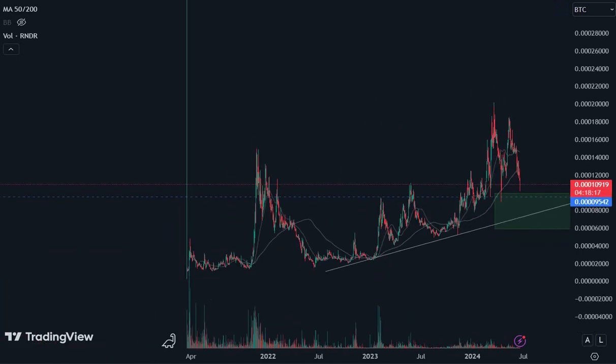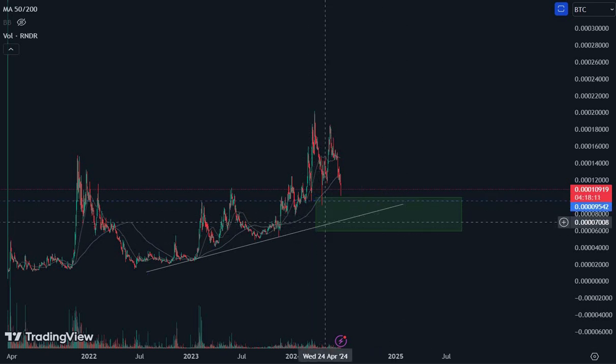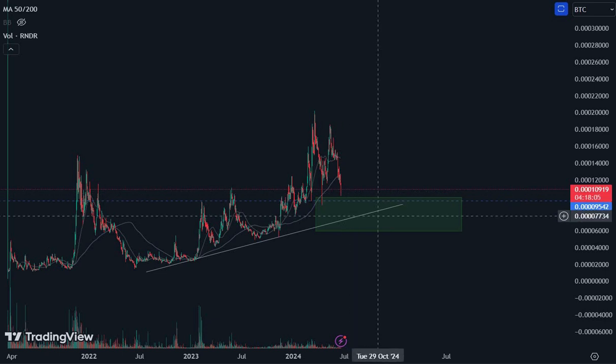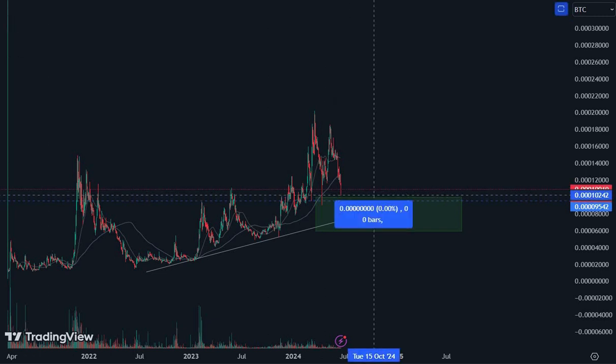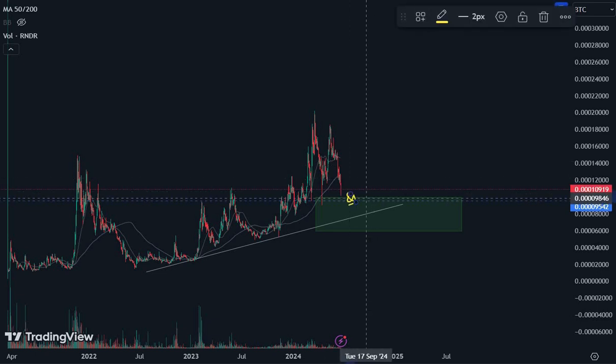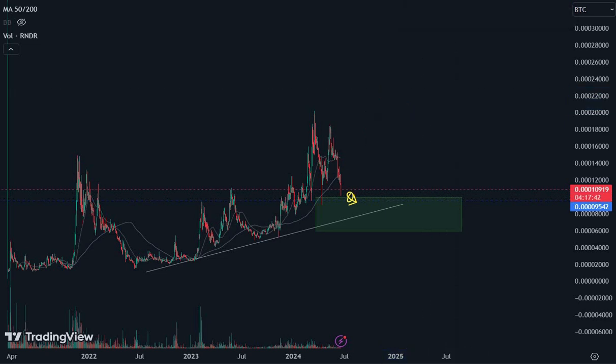If we zoom out, we can see the clear uptrend, and whenever the price goes into this order box, it's gonna be a good moment to accumulate a little bit of your BTC and swap it for Render, because if we bounce back to the all-time high, it's going to be 100%. So we have 1 BTC here and we have 2 BTC here.